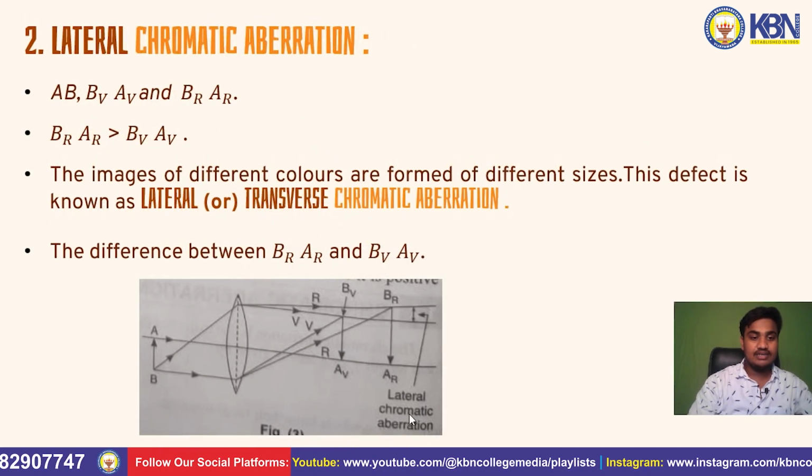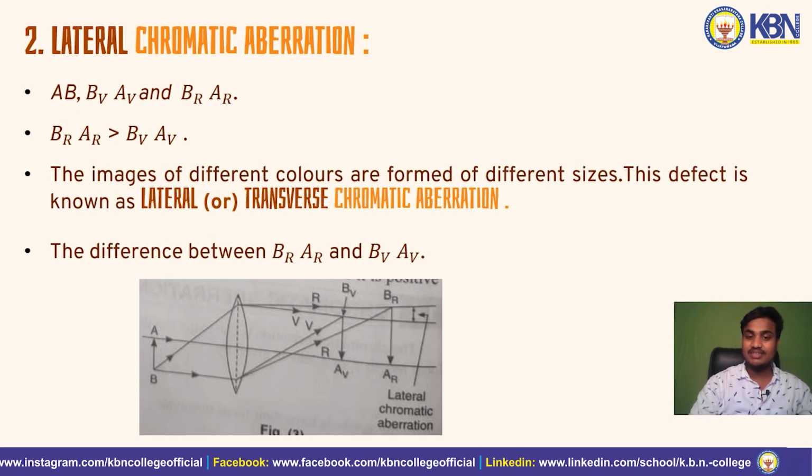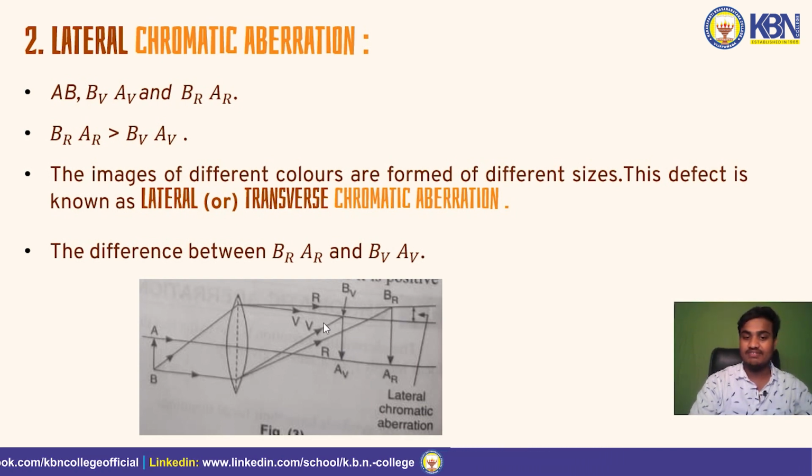In lateral chromatic aberration we take an object AB. On the right side, BV and AV is the image of the violet color, and BR and AR is the image of the red color.